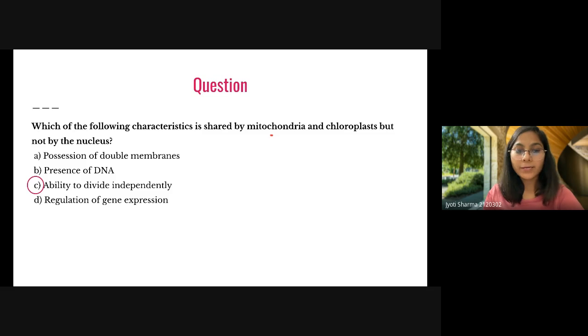So mitochondria and chloroplast have the ability to divide independently, unlike the nucleus, which relies on the cell cycle for division. Mitochondria and chloroplast replicate independently, similar to binary fission, whereas the nuclear DNA has to undergo division, that is mitosis and meiosis.